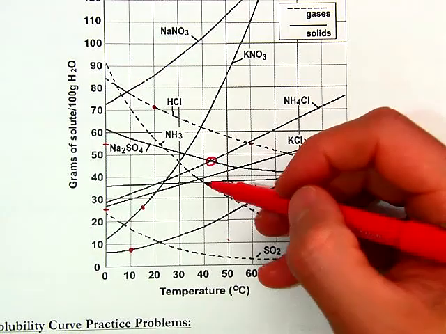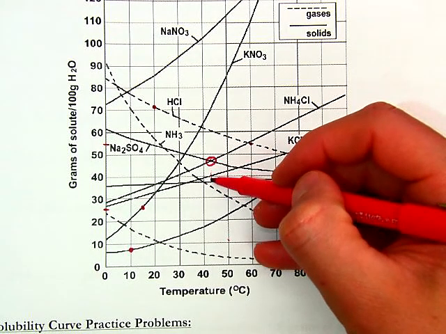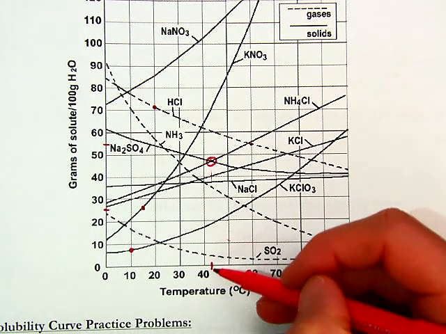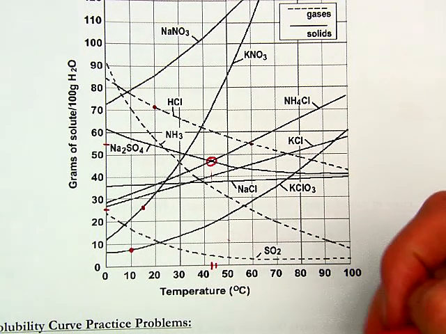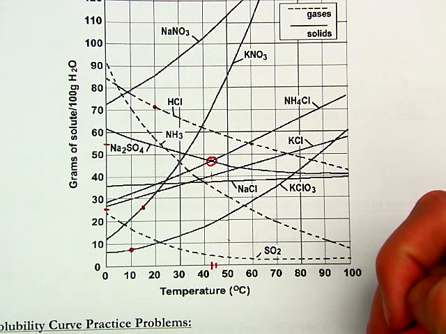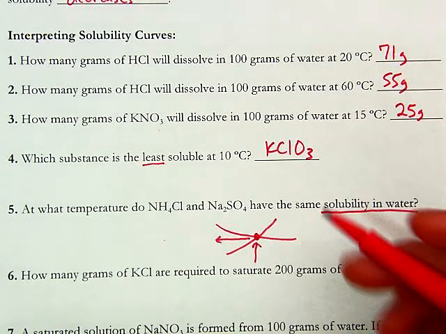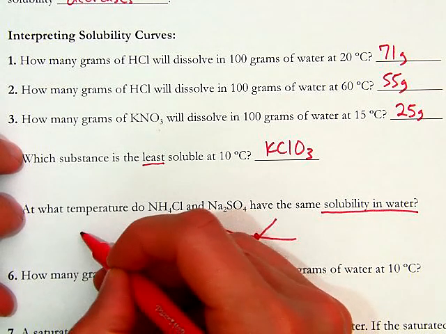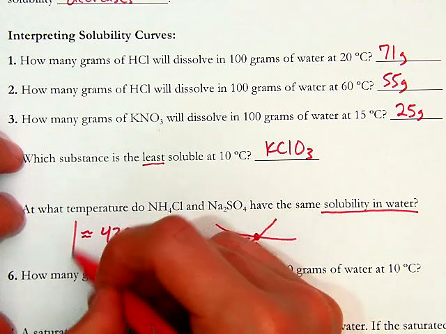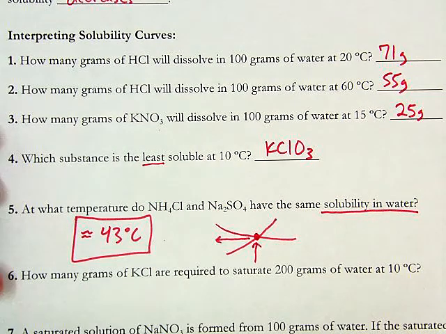So in this case, we're finding the temperature. So we're going to go down here. And I'd say it's a little bit less than halfway between. So if you said like 43 degrees Celsius, that's about 43 degrees Celsius. We're estimating, but that's a pretty good answer.